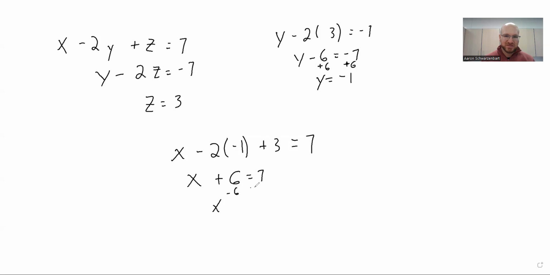I will subtract 6 from both sides and get 1. So that's not +6. I am struggling this morning. So -2 times -1 is 2, plus 3 is +5. There we go. x plus 5 plus 7.